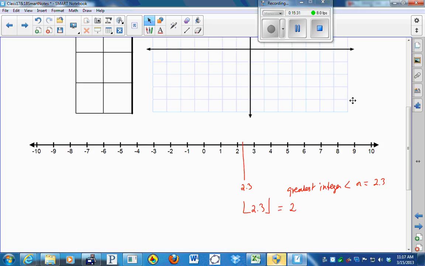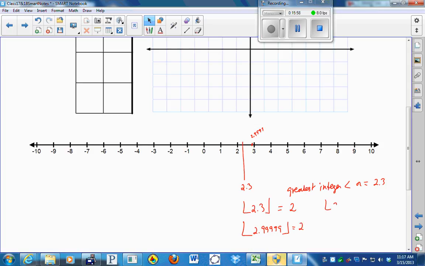Okay. What if I had 2.99999? What would my answer be? The greatest integer. So where's 2.999? Right there, right? 2. The greatest integer less than that. What's less than that? 2. Same answer. Okay, I tricked you.